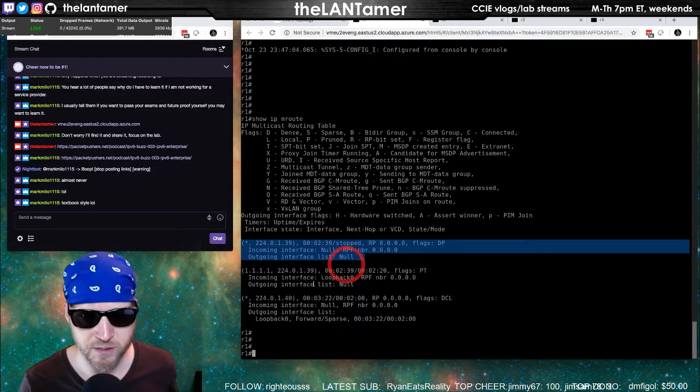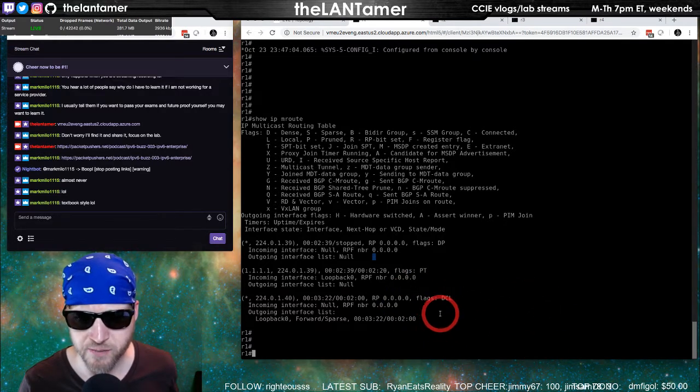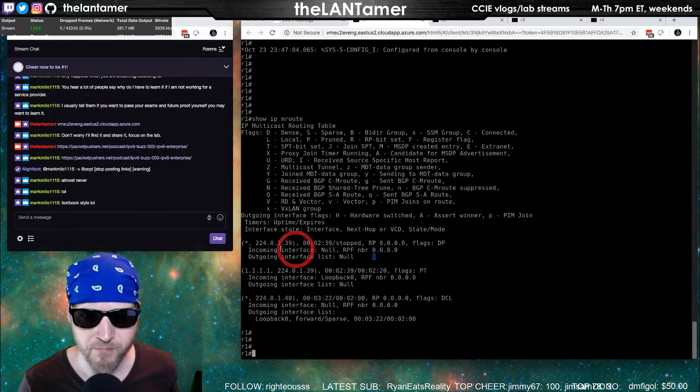Very important to remember the difference between .39 and .40, right? .39 is RP announce. .40 is RP discovery or mapping. So incoming interface would be null, of course, and outgoing interface list right now is null.